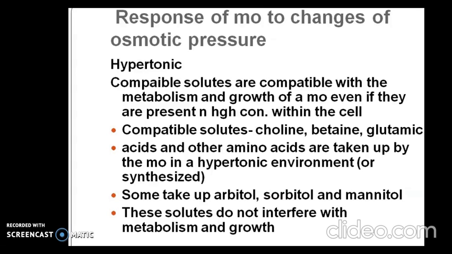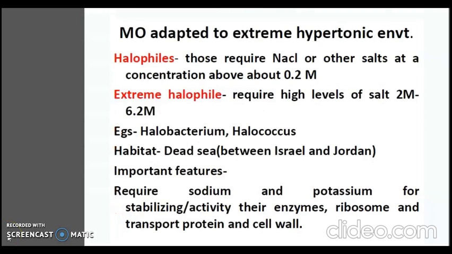Compatible solutes used by microorganisms include choline, betaine, proline, glutamic acid, sucrose, glycerol, sometimes arabitol, sorbitol and mannitol are also used. Organisms which require high salt concentration for optimum growth are referred to as halophiles.